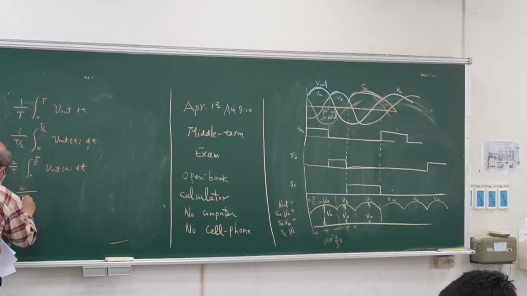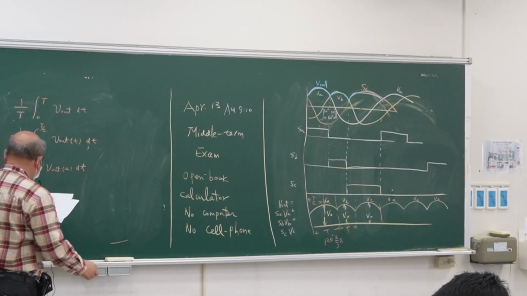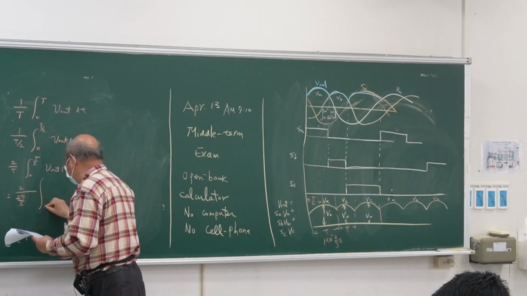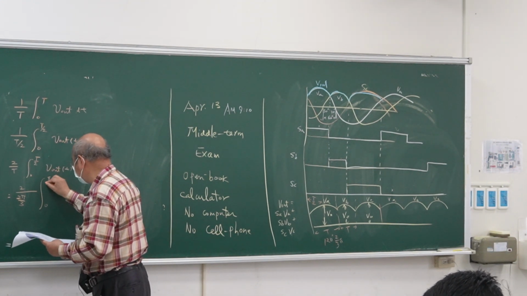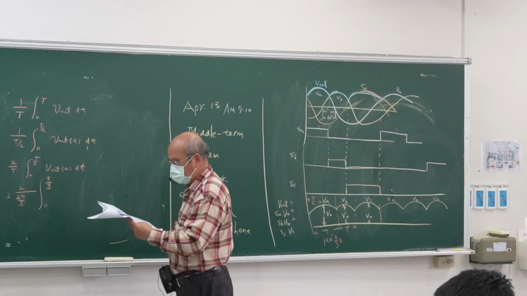So T is equal to 2 pi divided by 3. And how about here? Half T is only pi divided by 3.